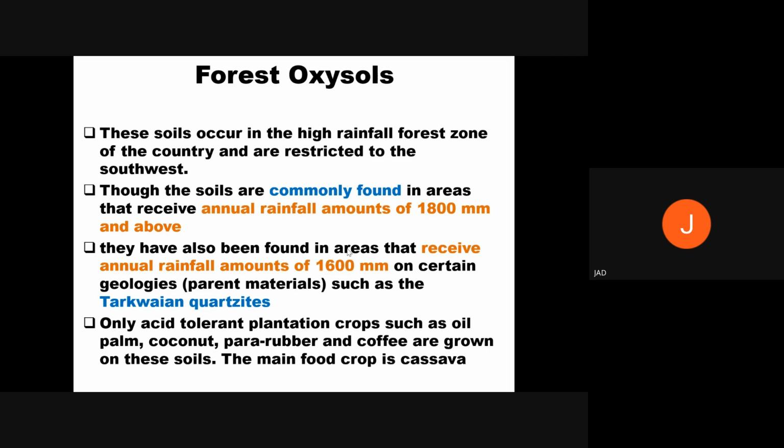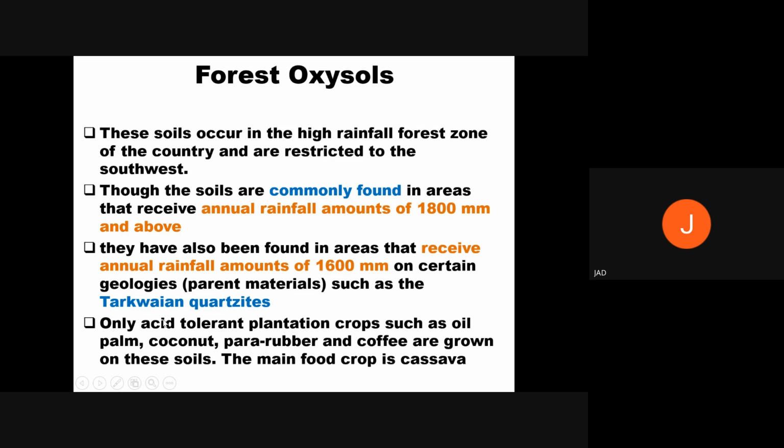So only acid-tolerant plantation crops such as oil palm, coconut, para rubber, and coffee are grown. That's the main reason why in the extreme southwest of Ghana, very close to Axim and other areas, although they have a high amount of rainfall, normally they don't plant cocoa because of this acidic environment.